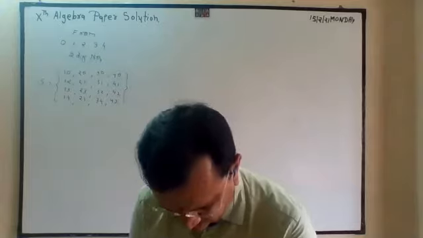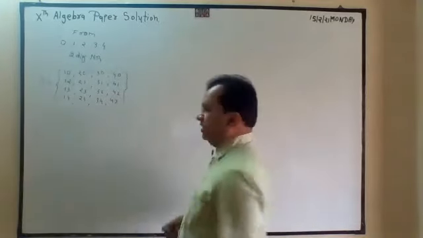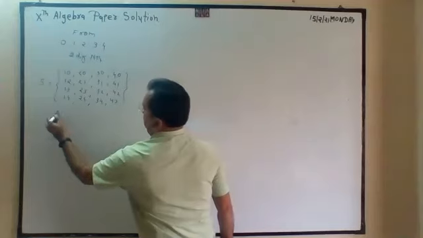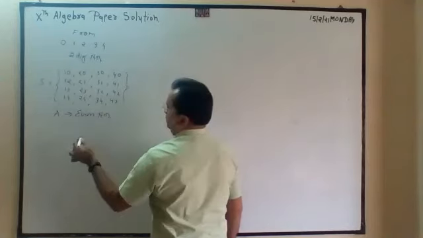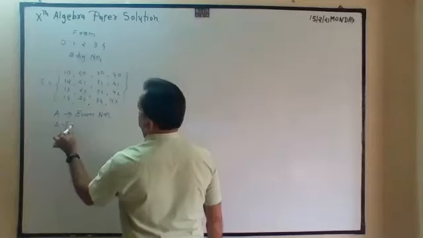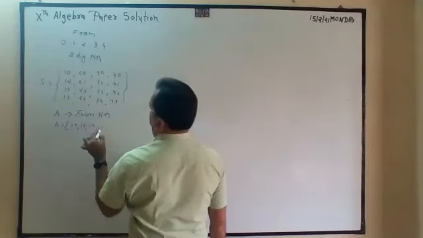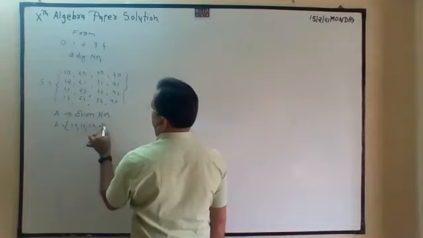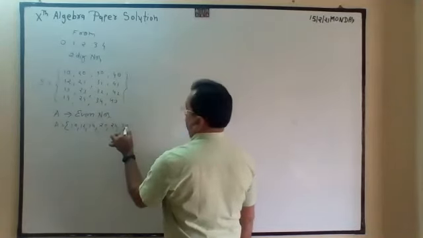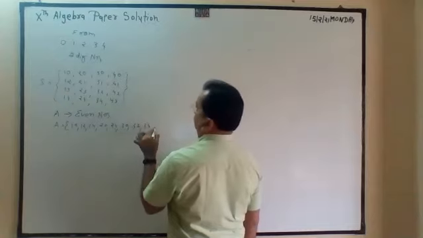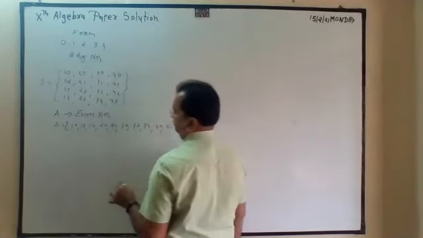Now, A is even numbers: 10, 12, 14, 20, 24, 30, 32, 34, 40, 42. 44 is not there.